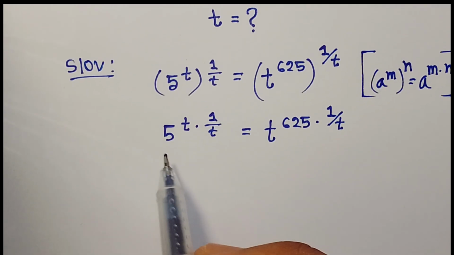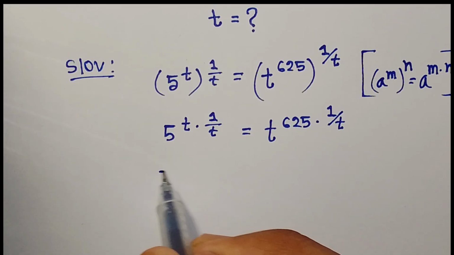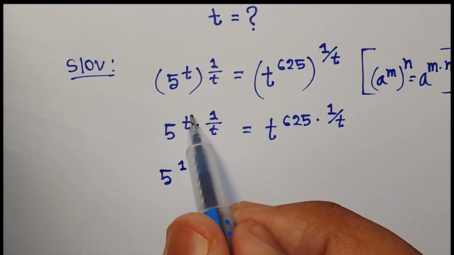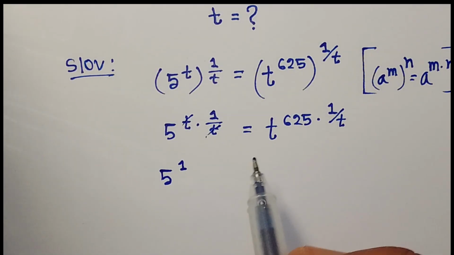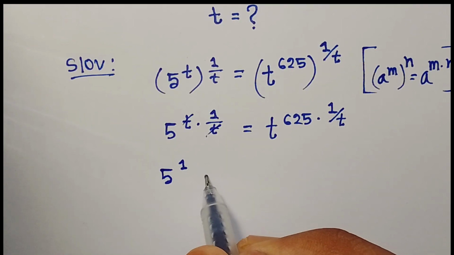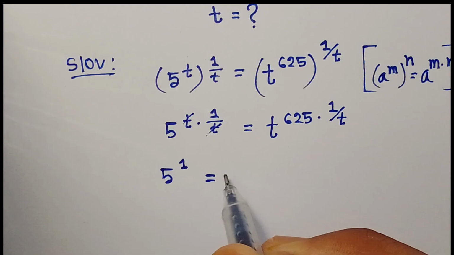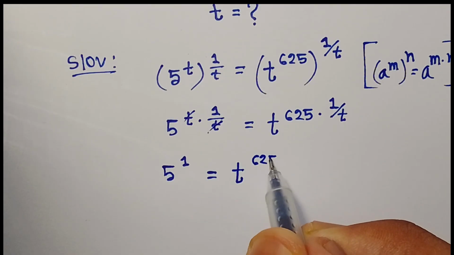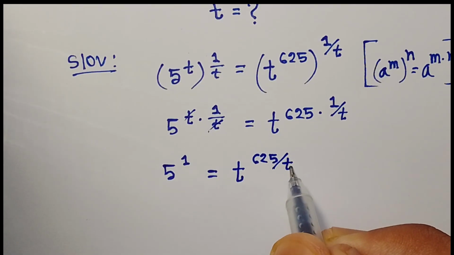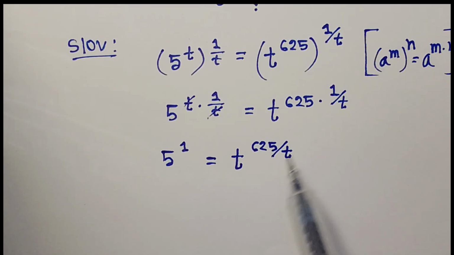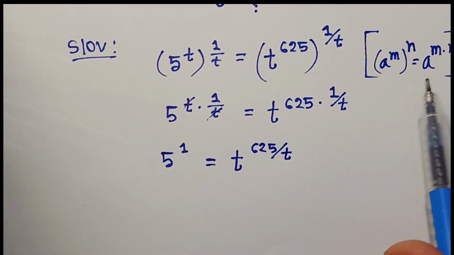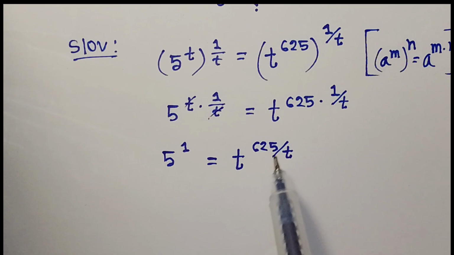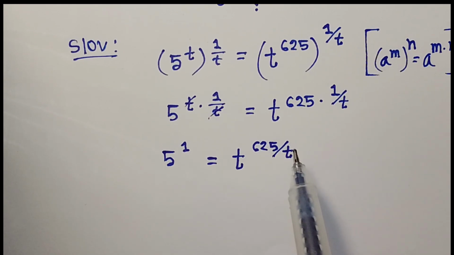Now we take 5 to the power 1, because this t and this t will cancel out. Now we can write 5 equals t to the power 625 divided by t, according to this exponential formula.